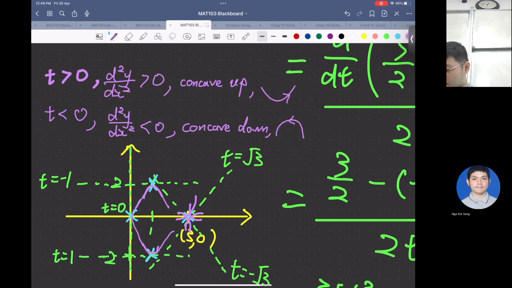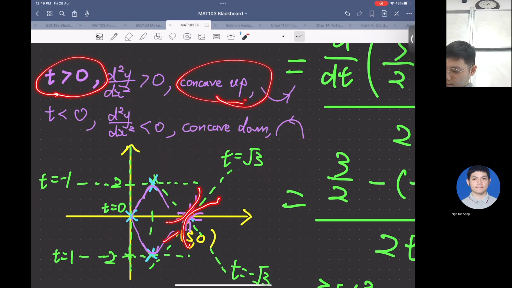When t is square root 3, you have two directions here. You can go either this way or this way. But you also note that when t is greater than 0, it is always concave up. You won't be concave down anymore, so you will just keep going up, keep going up.